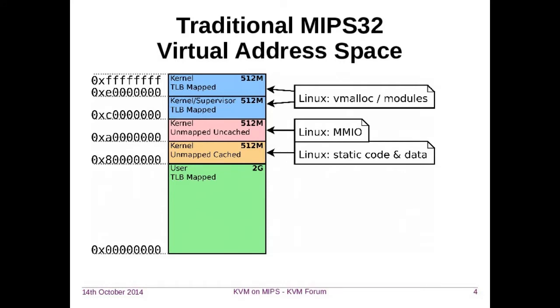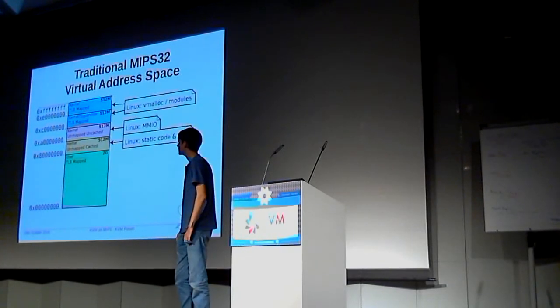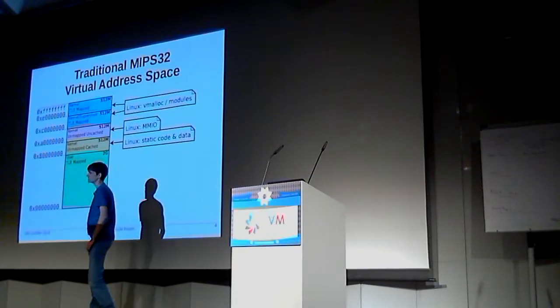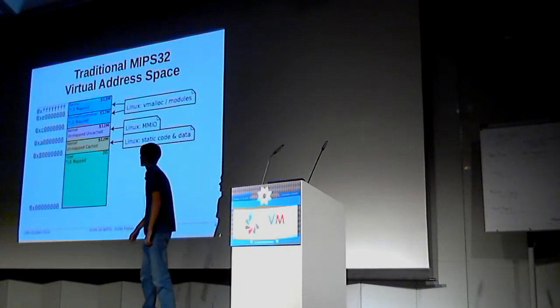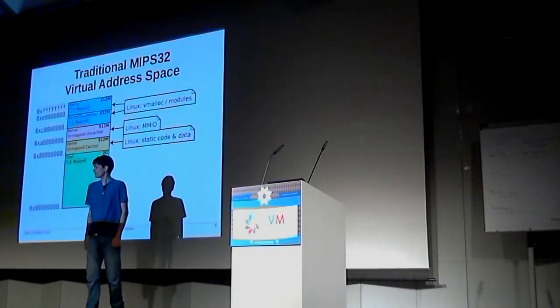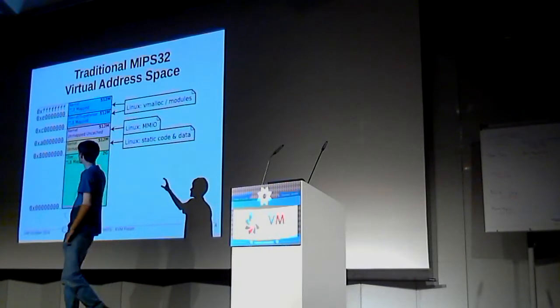So this is the traditional MIPS address space, which, in order to run trap and emulate, we're basically confined to. You've got the user segment. All the user code runs within this low 2 gig of memory. The kernel sits in the unmapped cached segment here, and there's then an uncached version of that same mapping.